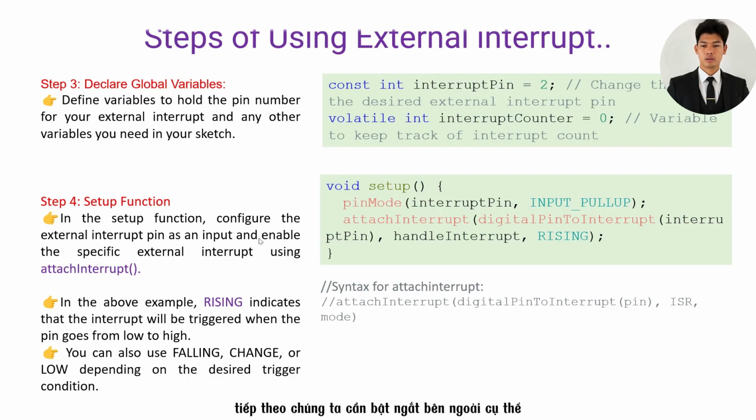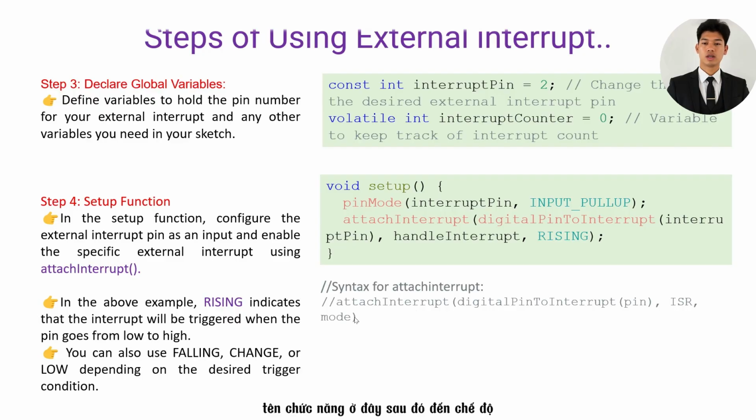Next, we need to enable the specific external interrupt using attachInterrupt. The syntax is attachInterrupt. After writing that, digitalPinToInterrupt, you need to define the pin number here. Then ISR, you need to put your interrupt service routine function name here.